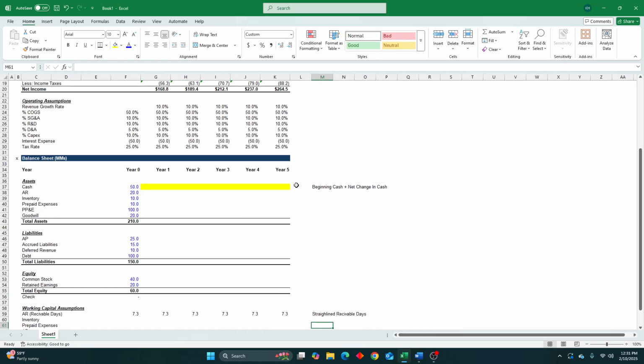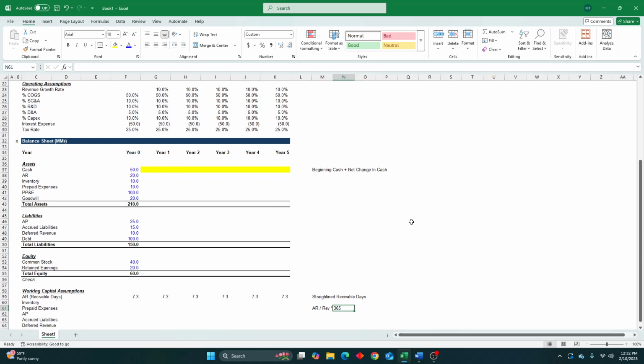And so if I think about it, if my receivable days are equal to my AR divided by my revenue times 365, I can kind of rework this equation to calculate back into what my ending AR balance should be. So if this is equal to receivable days, that means that I can back into my AR, which is going to be equal to my receivable days divided by 365 times my revenue.